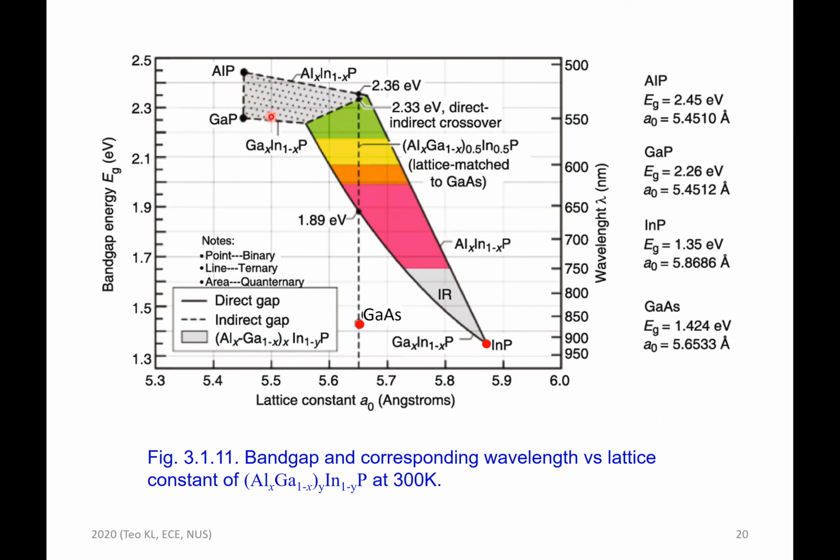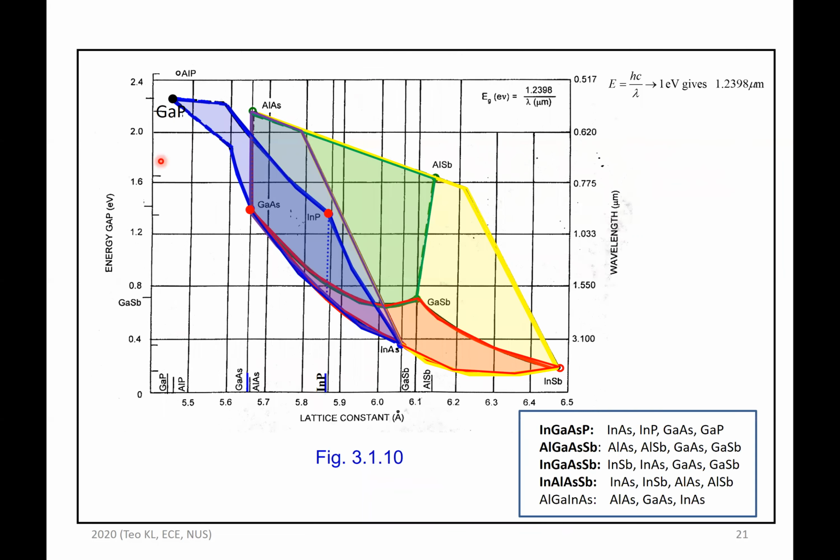If I were to take this shape and impose it on the previous slides that we discussed about the band gap as a function of lattice constant, the aluminum phosphide will be somewhere above the gallium phosphide. Aluminum phosphide is an indirect band gap material.